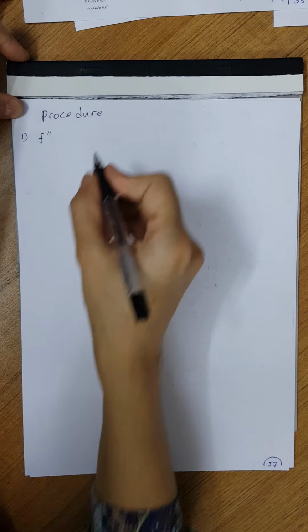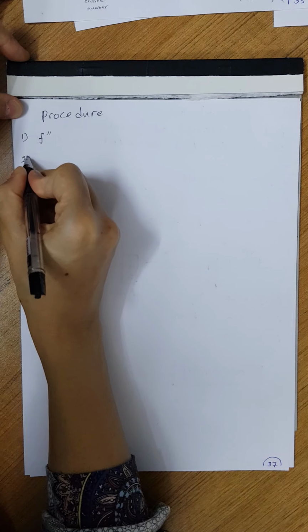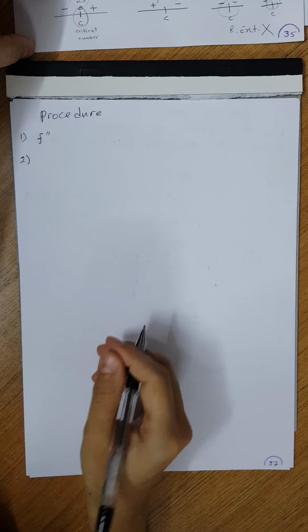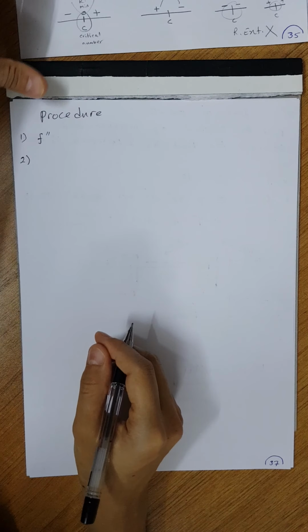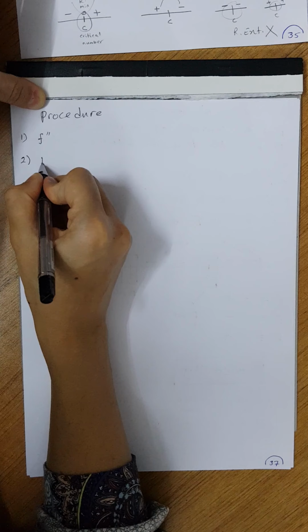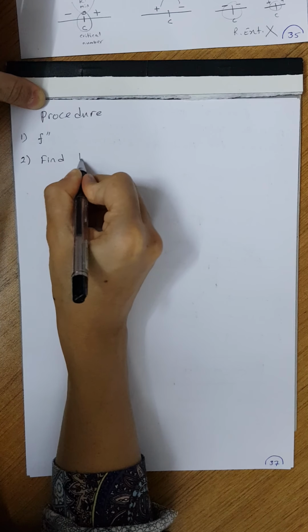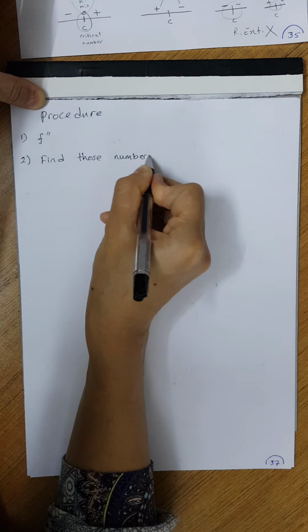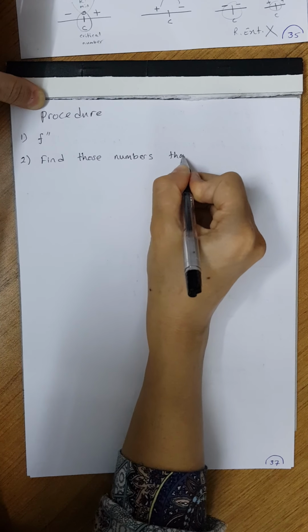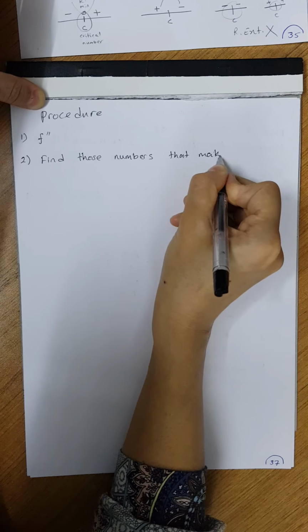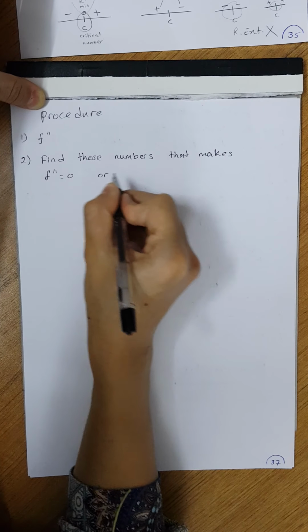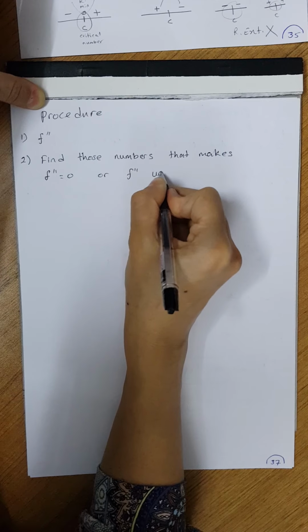Then we are finding those numbers in the domain of the function that make the second derivative equal to 0 or undefined.